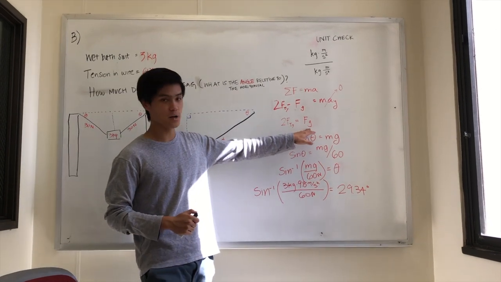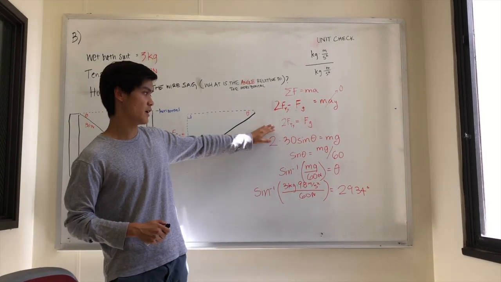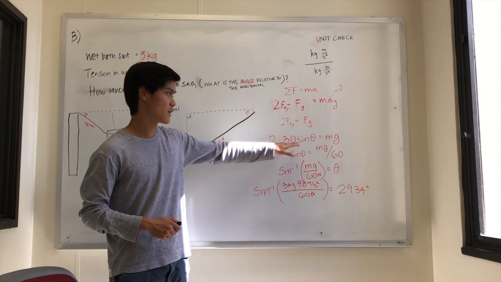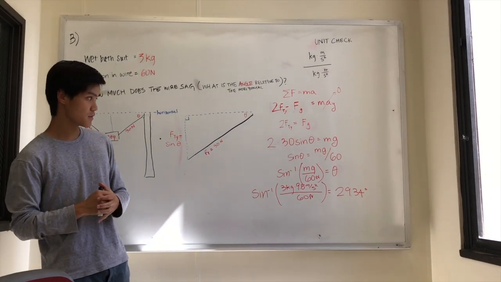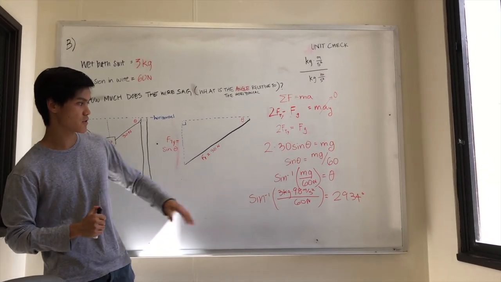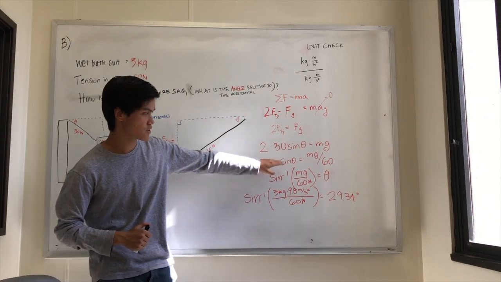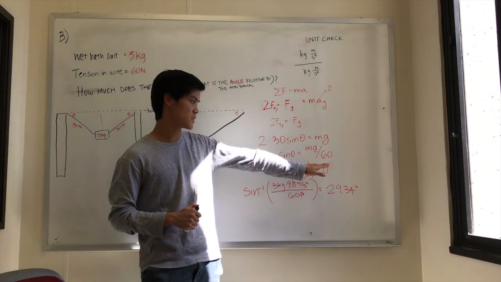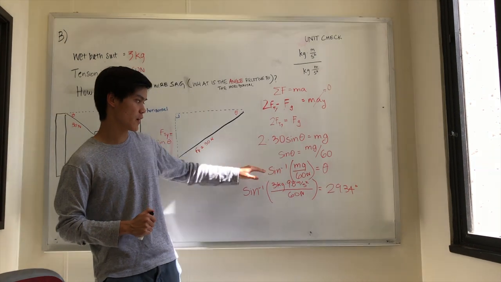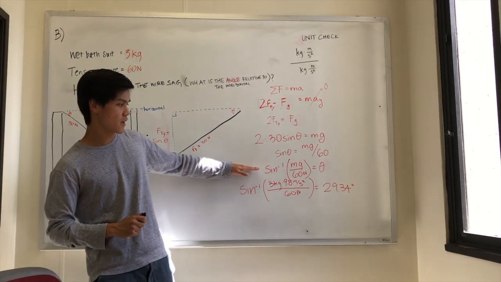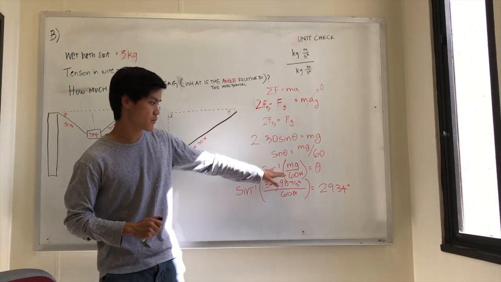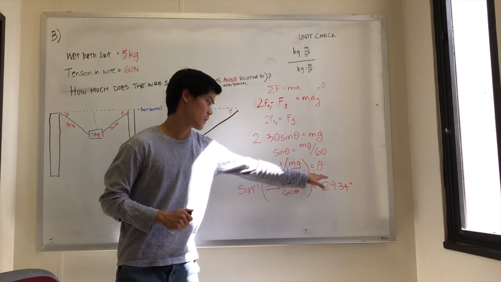Fg is also mg for the gravitational force, and Ft is 30 sine theta. From there, we can solve for sine theta, which is mg over 60. And solving for the angle, we can use sine inverse of mg over 60 newtons, which equals our theta.